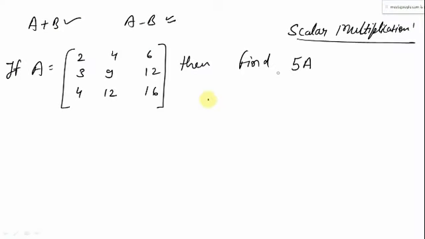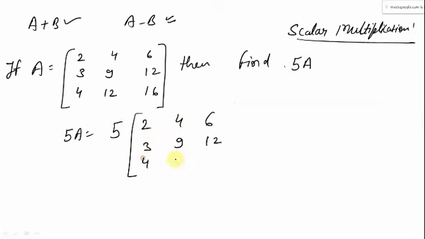Multiply this matrix by 5. This is scalar multiplication. So 5A is 5 multiplied by this entire matrix. Each and every element of the matrix will be multiplied by 5 and you will get your resultant matrix.